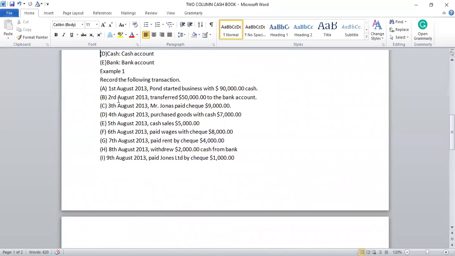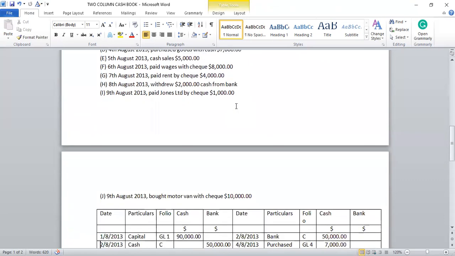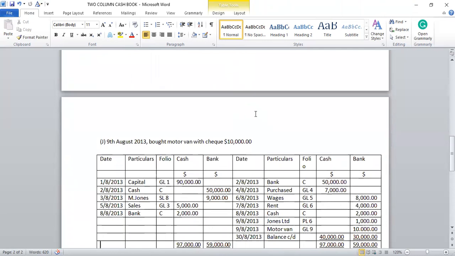The next transaction, 2nd August 2013, transferred 50,000 to the bank account. So 2nd August 2013, this is a contra entry. It's a transaction between the cash and the bank.